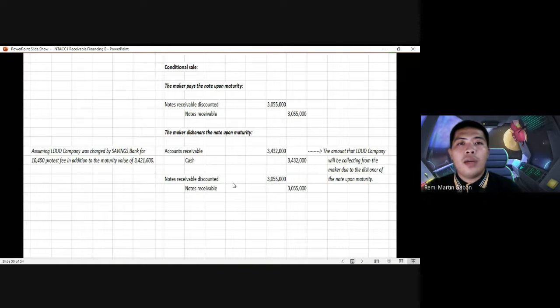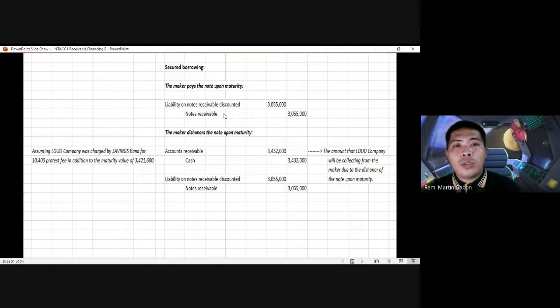Upon payment of the maturity value by the maker sa maturity date, simply debit lang ng liability on notes receivable discounted, then credit notes receivable. Okay? Pero kapag dinishonor ni maker, yung gagawin, set up muna ng accounts receivable account, bayaran si third party or kung dito si Savings Bank.